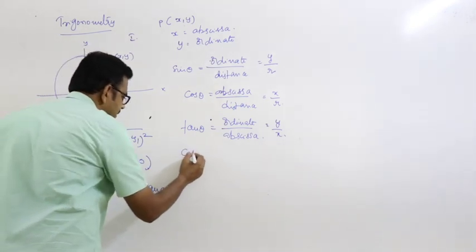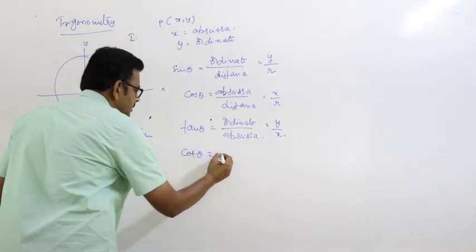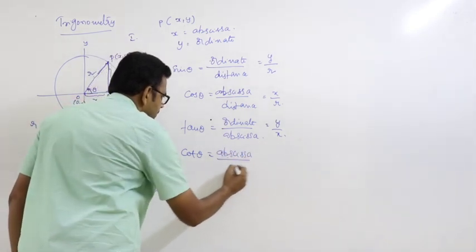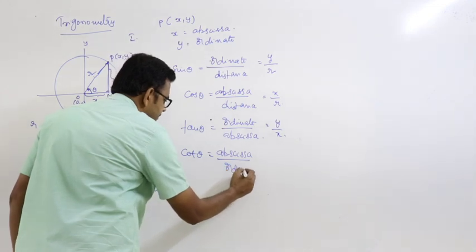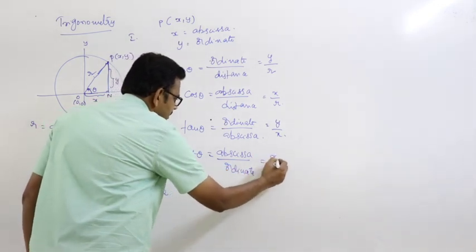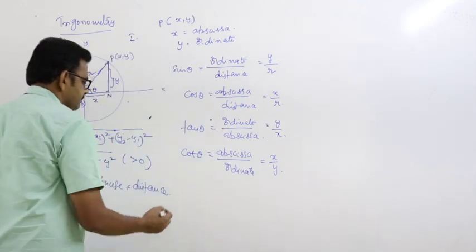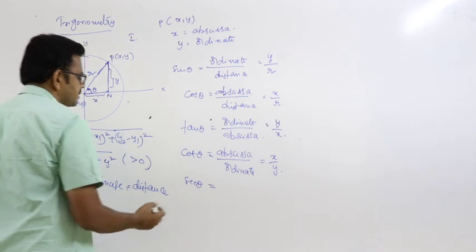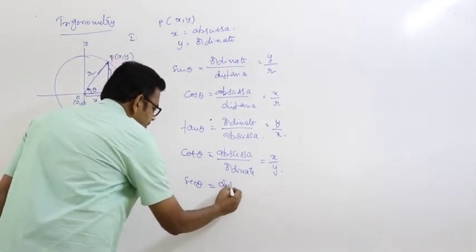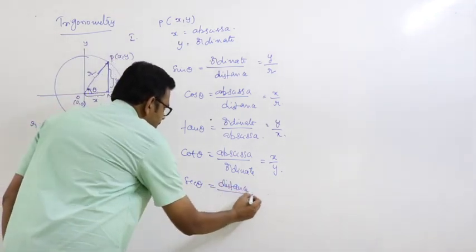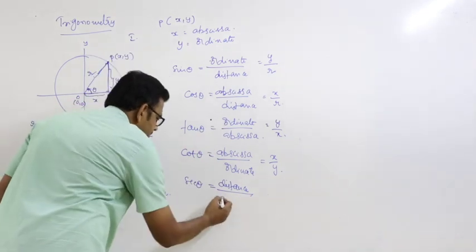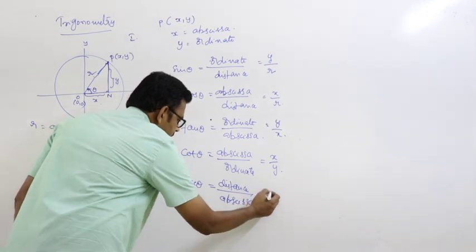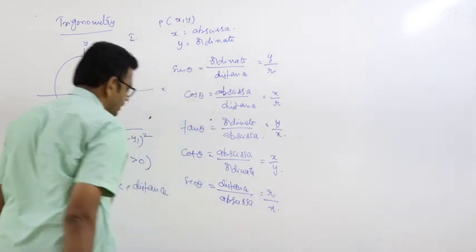And cot theta means the reciprocal, so this is abscissa by ordinate, that means x by y. And secant theta means distance by abscissa, that is equal to r by x.